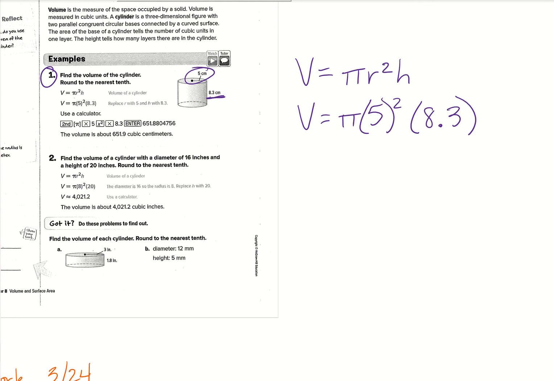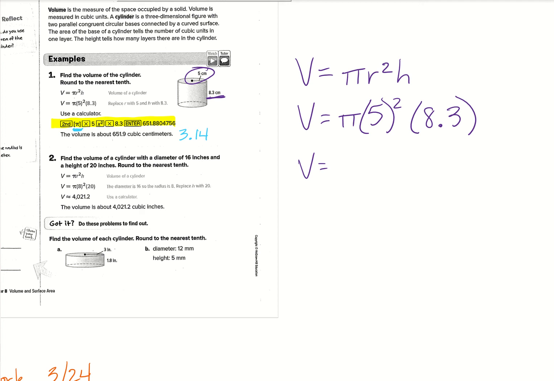Now you can use your calculator to do this, which they have shown right here. It tells you exactly what to enter in. One thing I will note is that they have pi. You can do 3.14 instead of pi. That's fine. But I'm going to simplify this a little bit before I type it into my calculator, just to make it easier on myself.